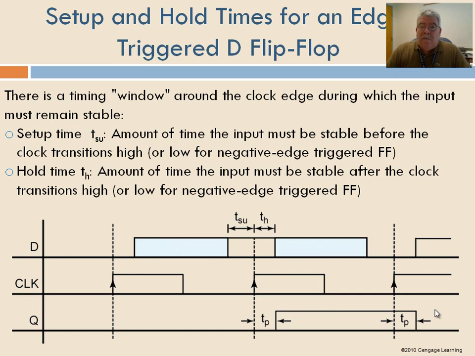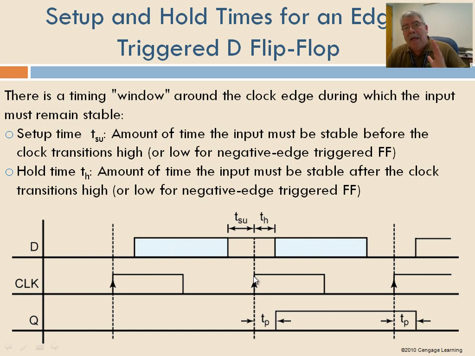So if we consider this is going to be our input, we need to have the input stable right before the transition of the clock, the one that we're interested in, and after the transition of the clock. So that's what is depicted, right? The clock comes.